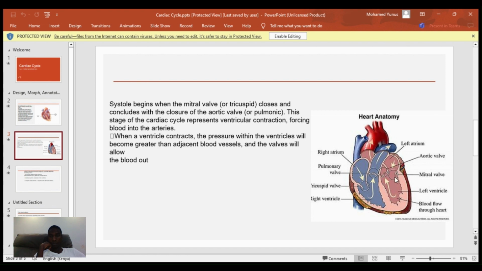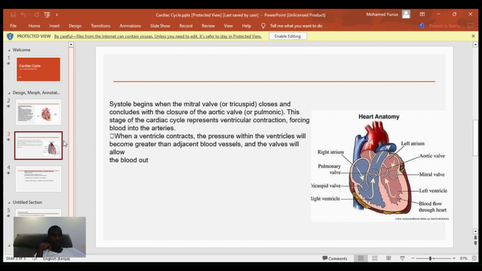Here is the mitral valve. In a simple way, you can say it's just AM. That's how you can describe the diastole of the left heart.